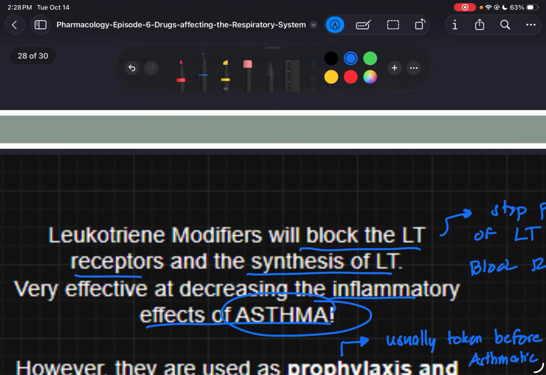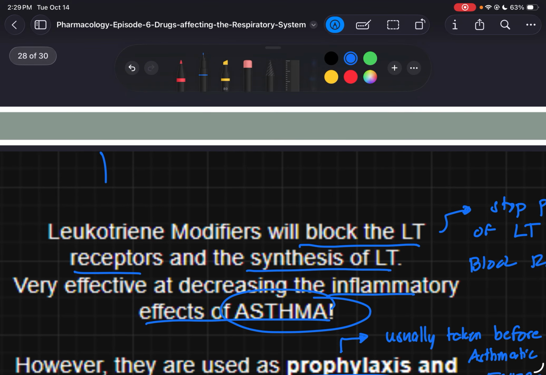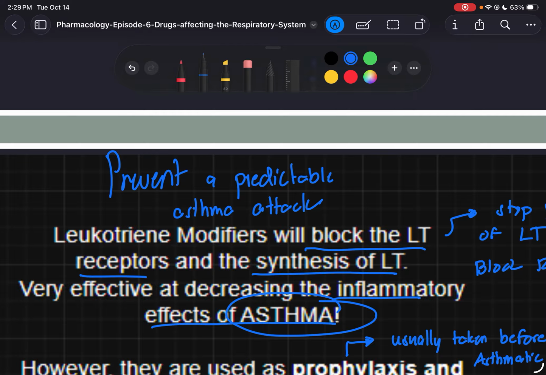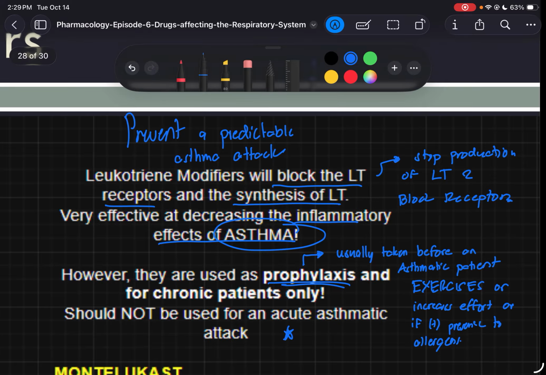This will prevent, the big P word, prevent a predictable asthma attack. Okay? They should not be used for acute asthmatic attacks.